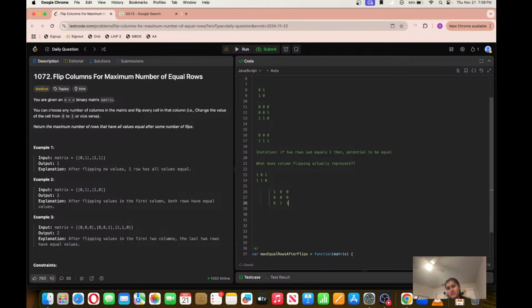Is this some kind of... Because I think I'm trying to do this with a greedy approach, but I don't think a greedy approach is possible, right? Because how will I know which two rows, which rows can be equal?